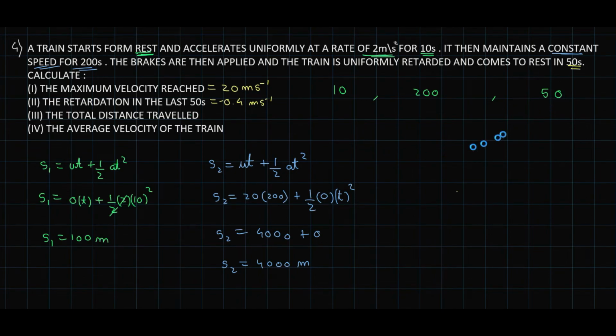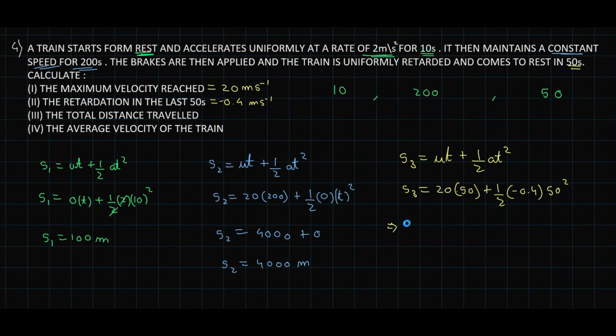The distance traveled in the third segment would be S3 equals ut plus half at squared. So S3 equals the initial velocity, which would be 20 meters per second as it did not change its velocity across the second segment. So 20 times the time 50, plus half, the retardation would be minus 0.4, and the time 50 squared.